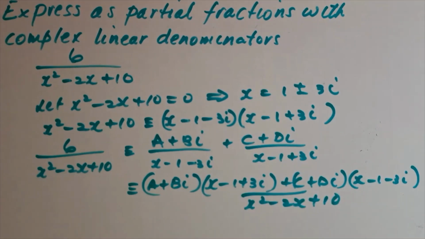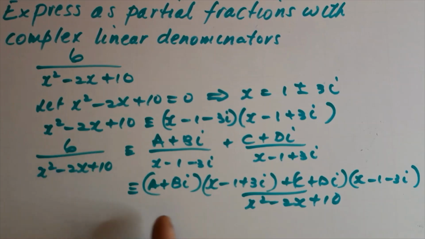Now both the left hand side and the right hand side have a denominator of x squared minus 2x add 10, so we could eliminate that and just equate the left hand numerator, which is 6, to this numerator on the right.